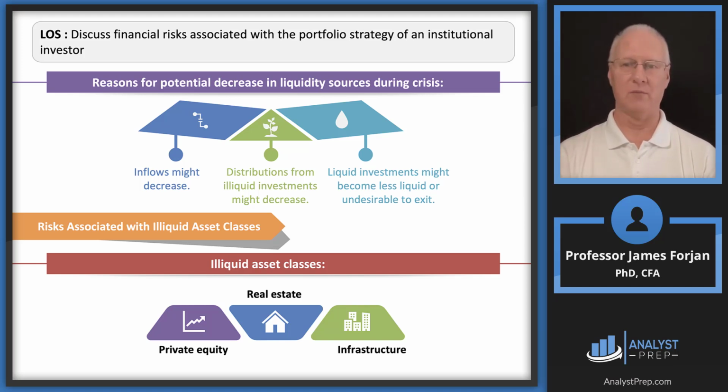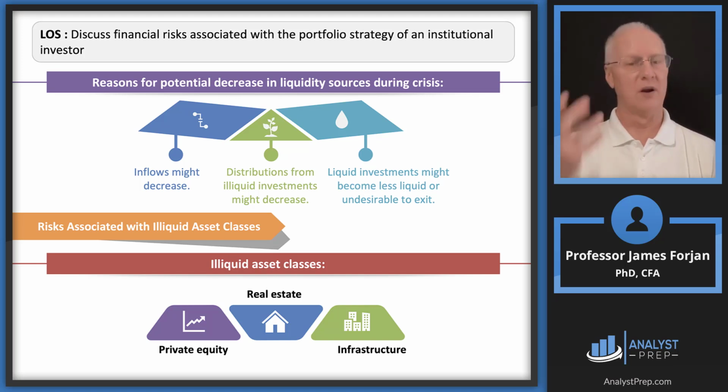Now, the question then becomes, well, Jim, you just told us we're going to have some alternative investments, so there's a list of some of them at the bottom. How do we manage the illiquidity of those alternative investments? And the answer is, well, we get something out of giving up that liquidity. Let's say, I'll just give you a quick example, the returns on our real estate investments during periods of inflation because rents are going up.